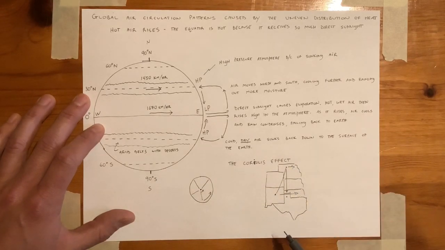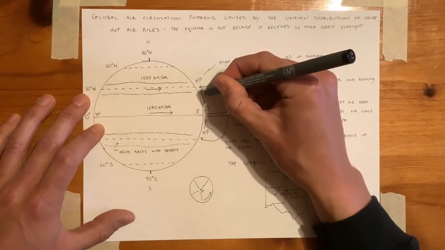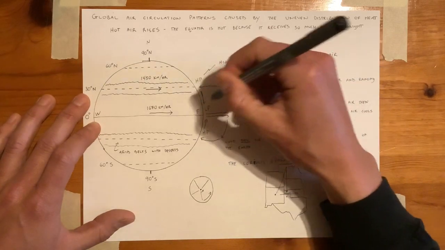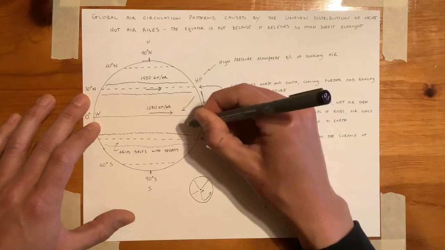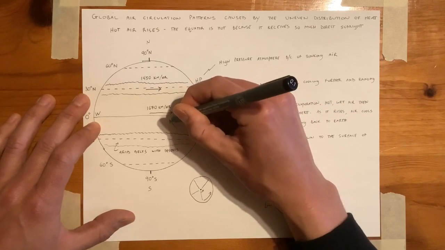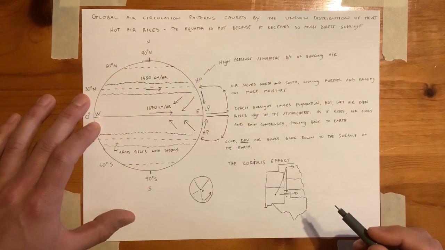So that Coriolis effect causes these moving air masses that are going from high pressure at about 30 degrees north and south to have this deflection in their air path, causing these wind patterns that look like this, just like we saw in that groovy animation.